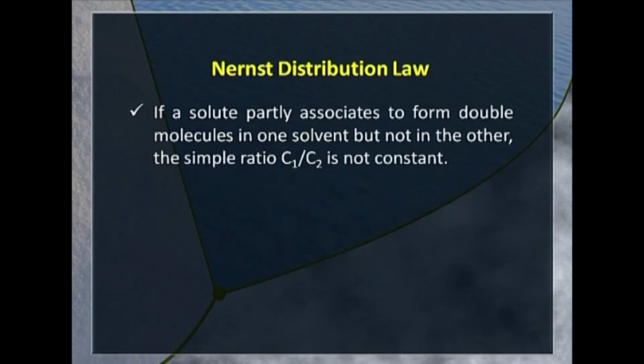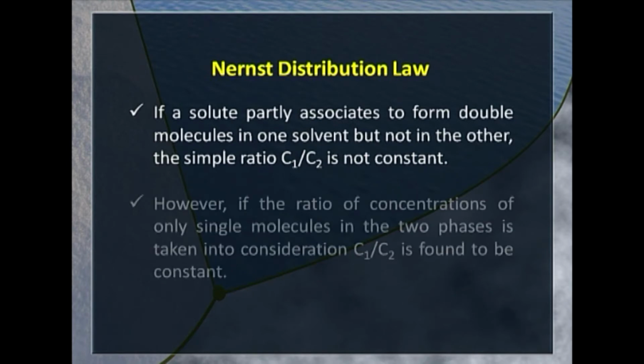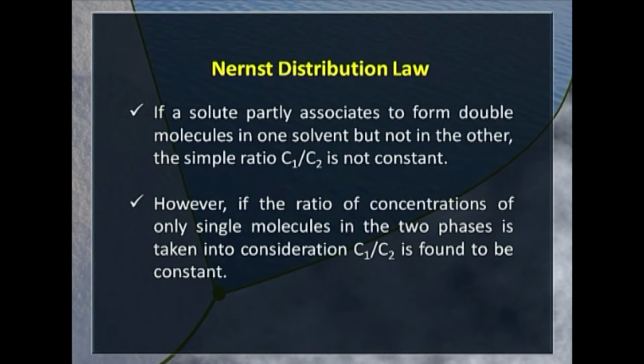If a solute partly associates to form double molecules, that is dimers, in one solvent but not in the other, the simple ratio C1 by C2 is not a constant. However, if the ratio of concentrations of only the single molecules, that means we are excluding the dimer concentration, in the two phases, then C1 by C2 is found to be constant.